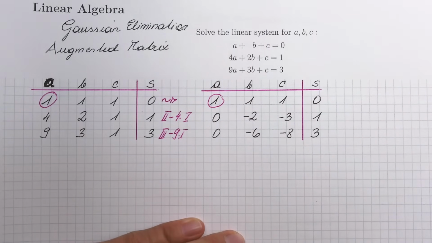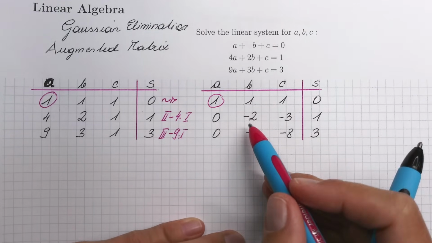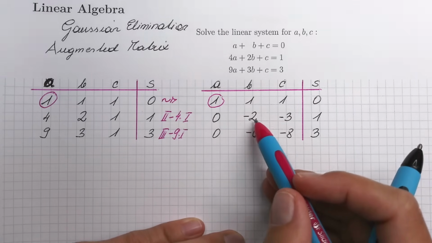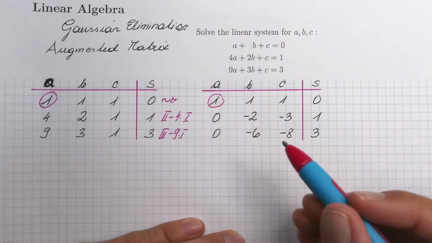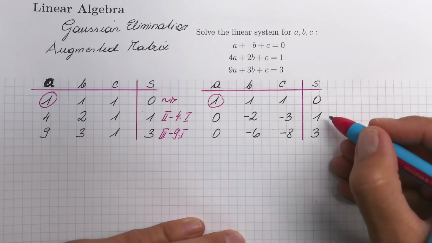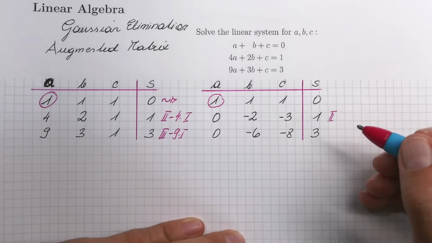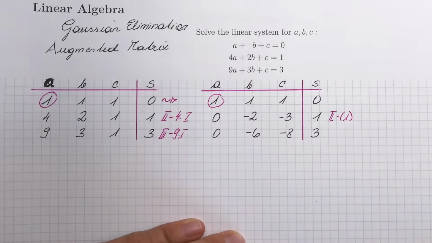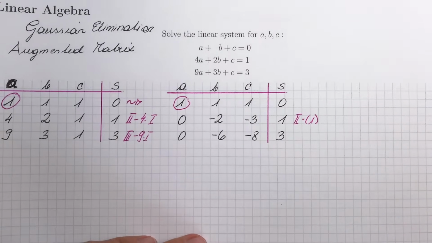The next thing we would like is for the next pivot to be positive, with zeros underneath. Let's start with minus 2. What could we do? We just multiply the second row by minus 1, and it's just easier to handle. Now let's write it down again.